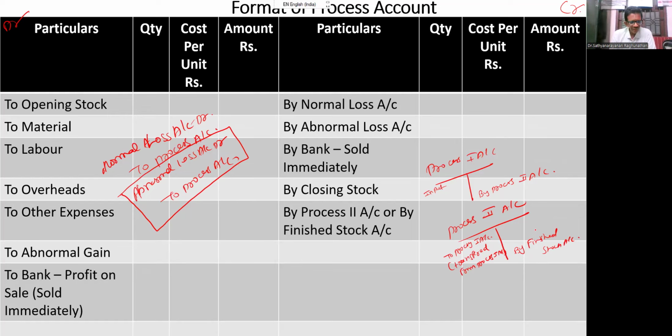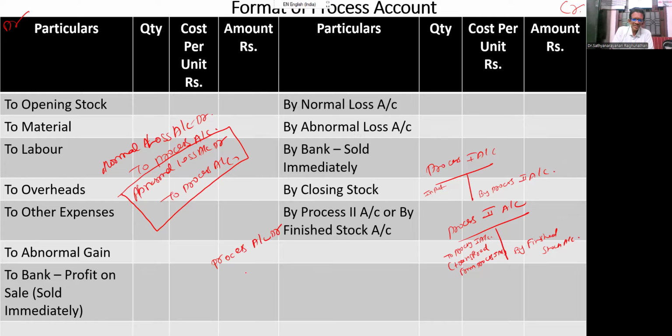Now, abnormal gain. How does abnormal gain appear in the debit side of the process account? The reason here is, credit all the incomes and gains. As the name itself suggests, abnormal gain is a sort of income. Credit all the incomes and gains.